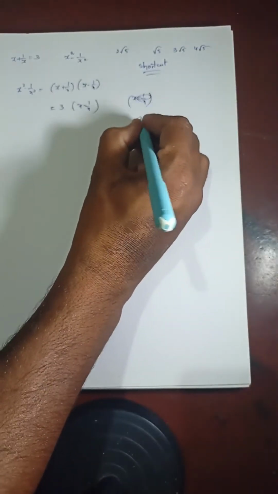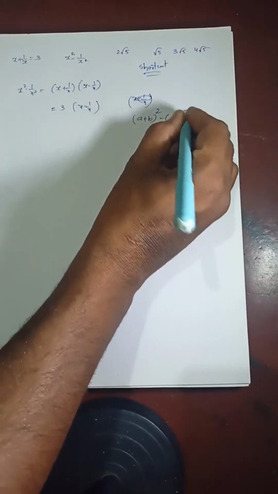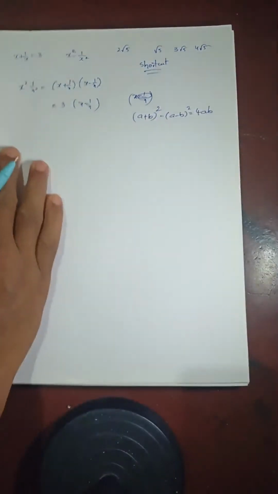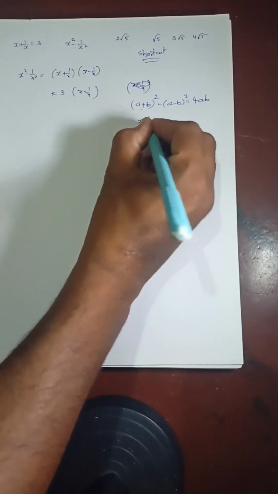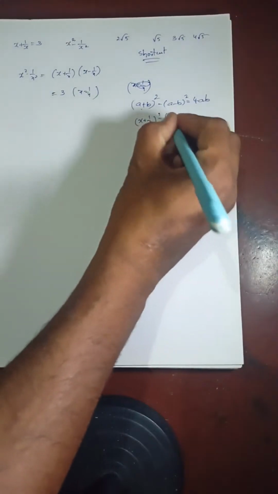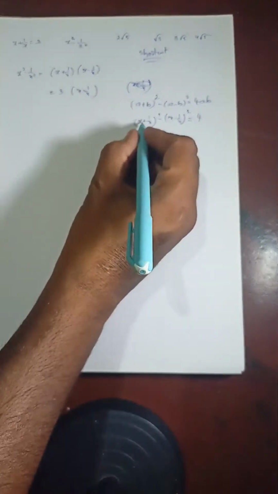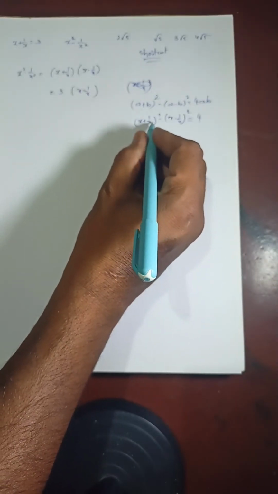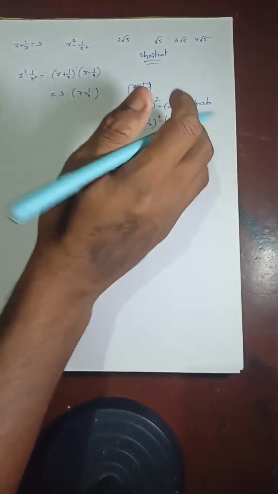We have the formula: a plus b whole square minus a minus b whole square is equal to 4ab. So here, x plus 1 by x whole square minus x minus 1 by x whole square is equal to 4. We already know x plus 1 by x. As I said, we are using only shortcut methods here.